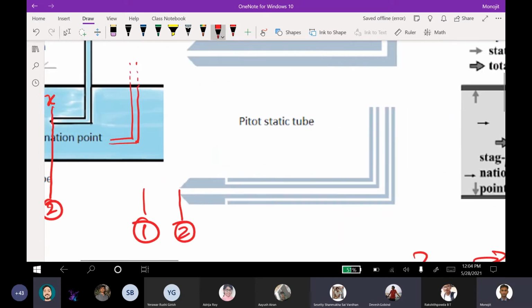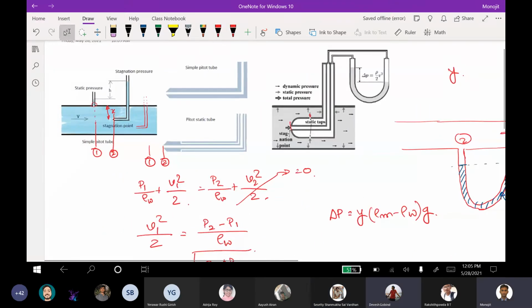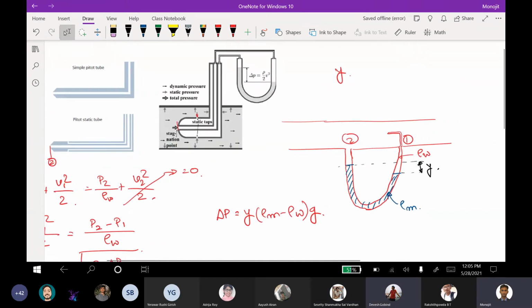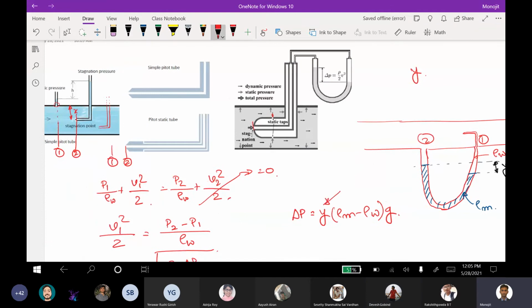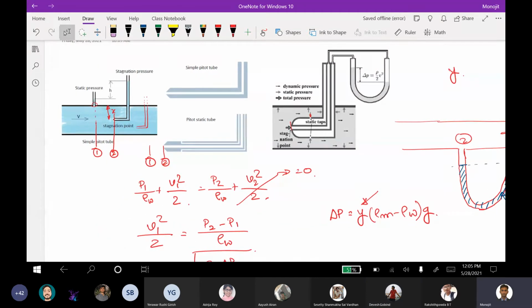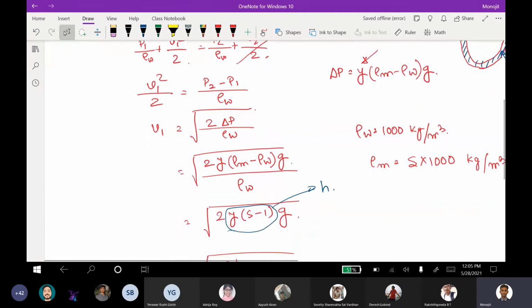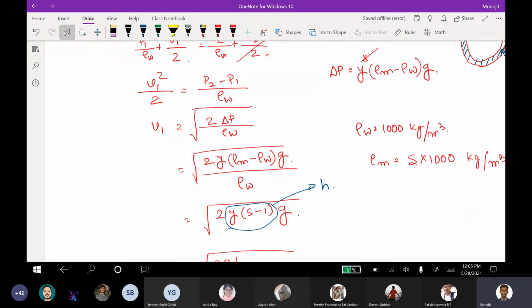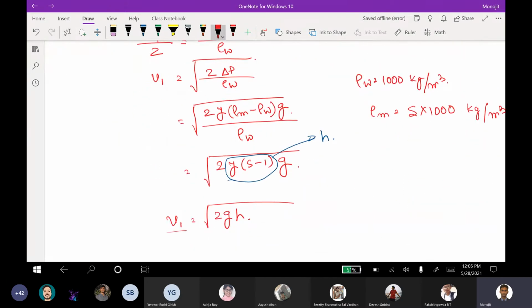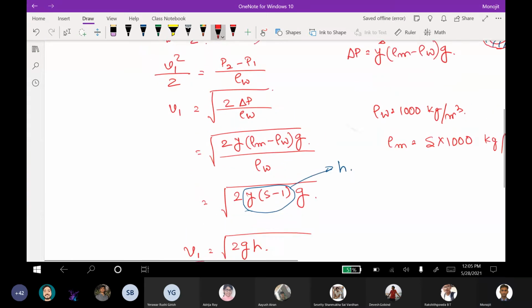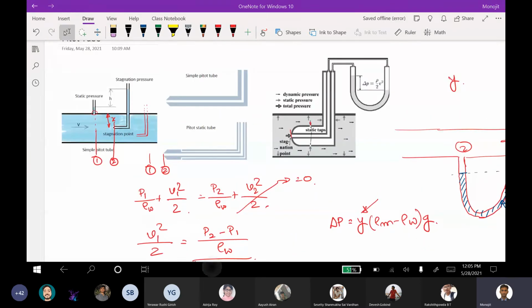Velocity would change. The measurable quantity, y, will change. Yes, the measurable quantity here is y. Basically, we are converting this measured y into the v. Now, if your y is changing, obviously your H will change, and that will reflect on your v. So you will get a different velocity here compared to here.